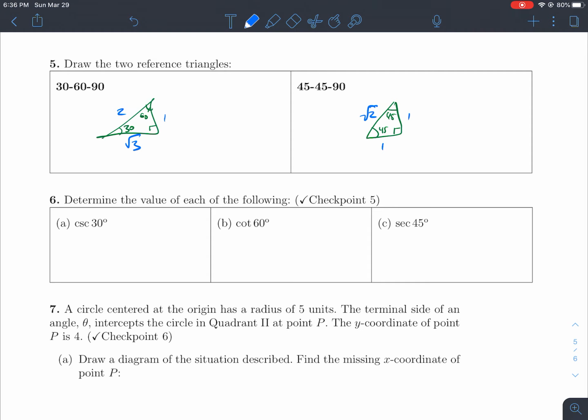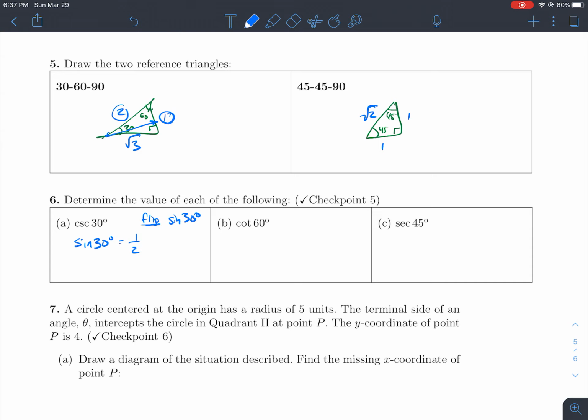Alright, now that we've got our sides, cosecant of 30. Oh man, this is one of the new ones. For cosecant, that's the opposite of sine, so we flip sine of 30. Sine of 30 degrees is equal to 1 over 2, and we know that we're supposed to flip sine of 30.